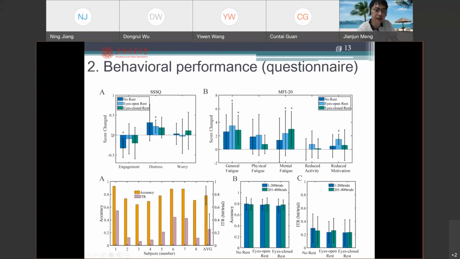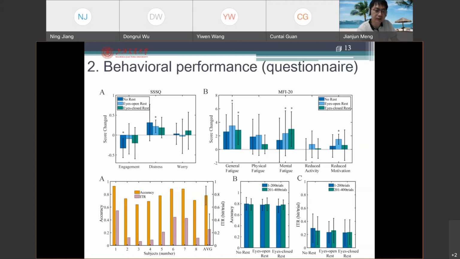The average score of engagement decreased in all three sessions, but the statistical analysis revealed that the difference was significant in the no rest session. And there was also a significant increase of distress in the eyes open rest session.